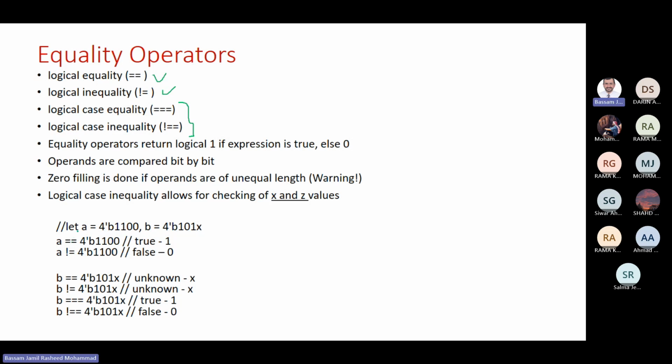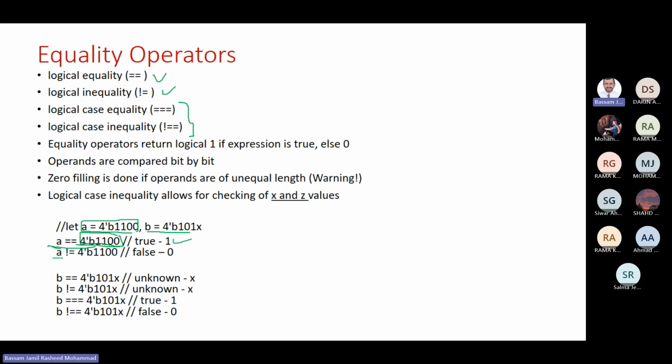Let's see, if I have A equals this and B equals this, is A equal to this 4-bit value? If you check it, A is equal to this 4-bit value, so the result of this expression is true.